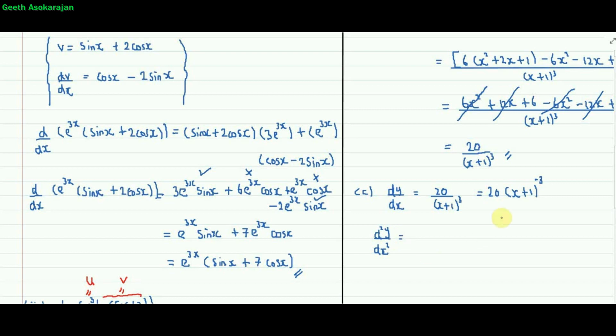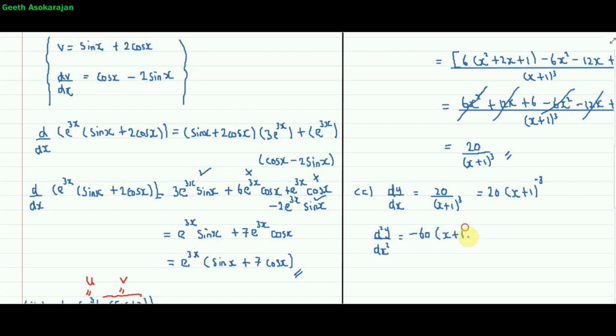So in order to work out the second derivative, we need to use the chain rule. Once again, I have created a video in terms of how the chain rule is applied. A link to that video will be given in the description below. But let's apply the chain rule here. If I multiply by the power, minus 3 into 20 is minus 60 into the x plus 1.